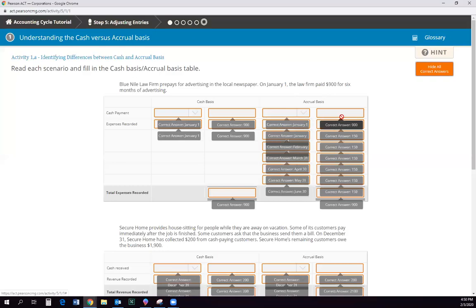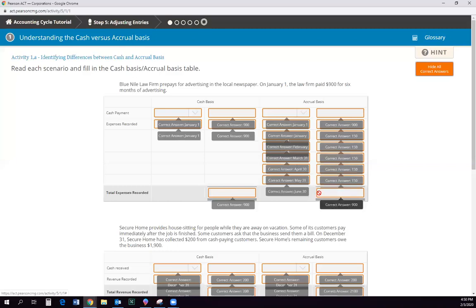But under the accrual basis, we're going to show our cash payment is still January 1st, and the amount is 900. But then we're going to record the expense at the end of each month: January 31st, February 28th, March 31st, April 30th, May 31st, and June 30th. We're going to do 1/6 of that total amount, or $150, in each of these months.